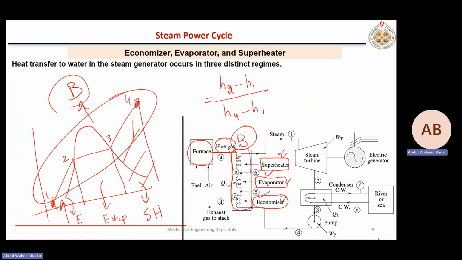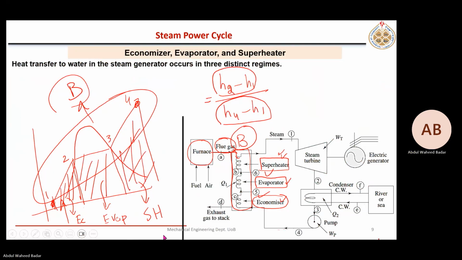This is the economizer. The area under this curve is this thing divided by the total. Similarly, fraction going to the economizer, evaporator, superheater. And the maximum will be this area. Here I've shown it like this. Maybe it's like this. This area is not that big in the single phase region. Latent heat is highest.